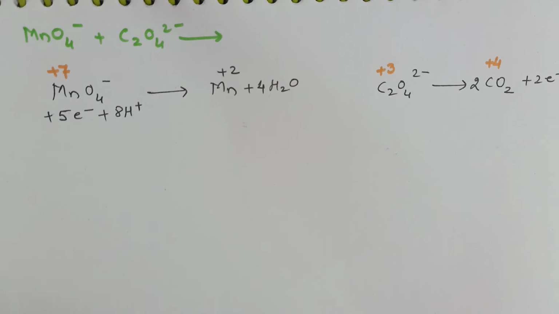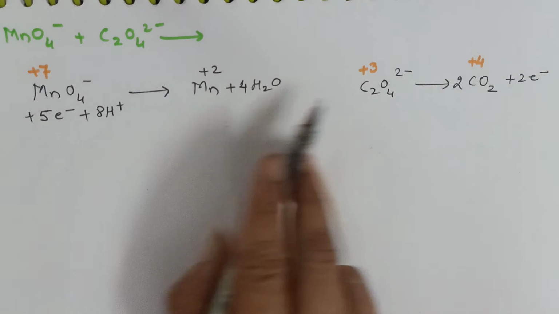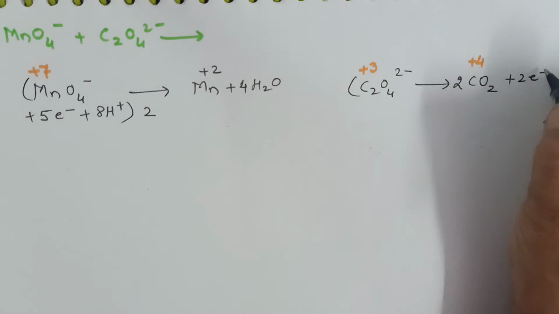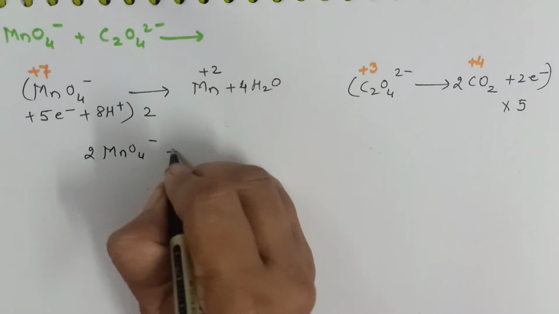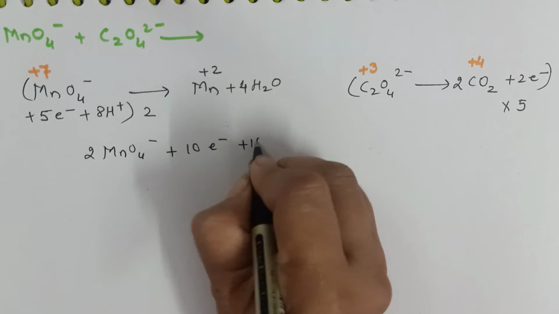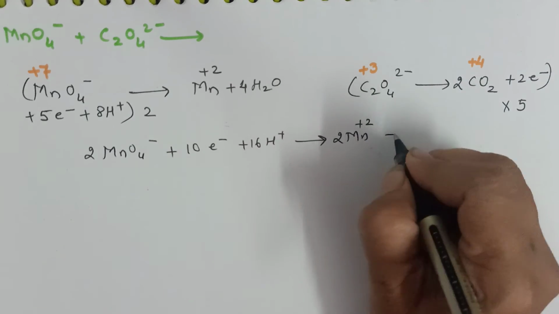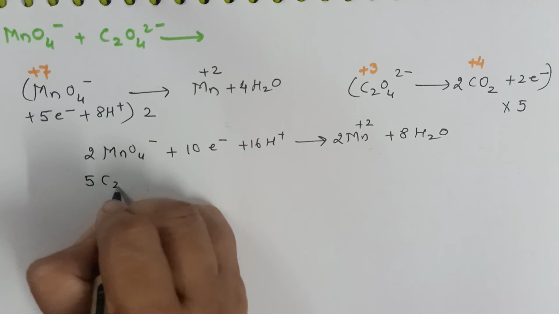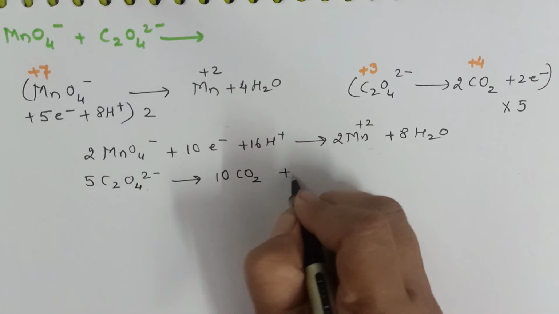So these two half reactions are ready with us. But to add these two reactions, the number of electrons must be equal. So I will multiply this equation by 2 and the reaction of oxalate I will multiply by 5. Let us write now. 2MnO4 minus plus 10 electrons plus 16H plus gives 2Mn plus 2 and 8H2O. 5C2O4 2 minus gives 10 CO2 and 10 electrons.